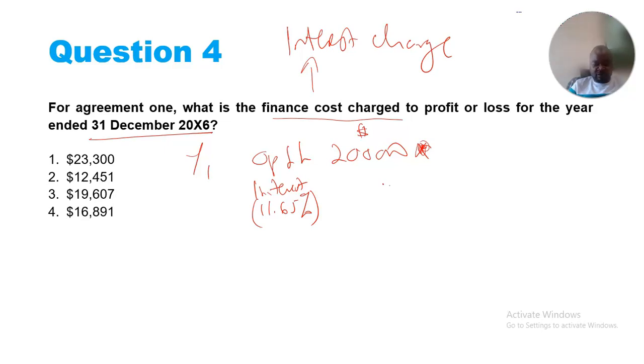Now let me use my phone for that. 200,000 multiplied by 0.1165, that's 23,300. This is year one.